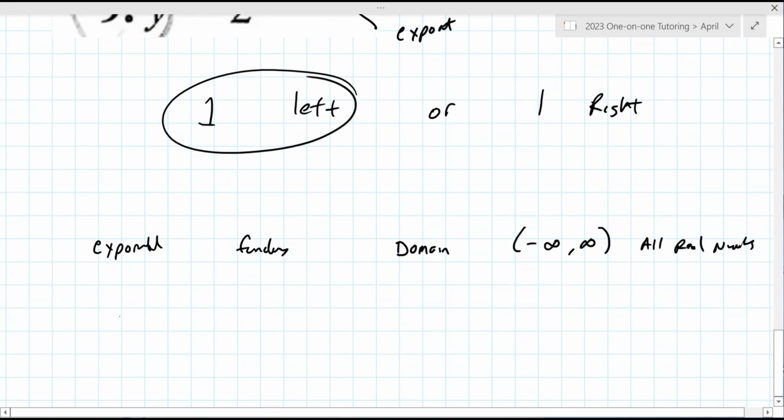Range, though, this is where there's more effort to be done. There's a couple of possibilities. It's either -infinity to what is called the horizontal asymptote, or it's the horizontal asymptote to positive infinity.